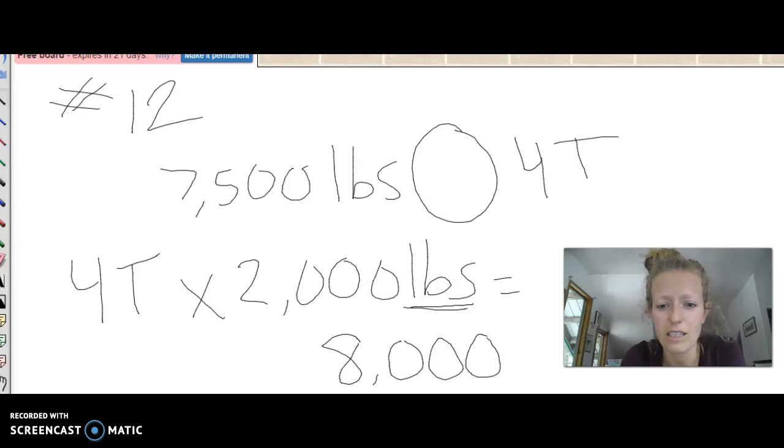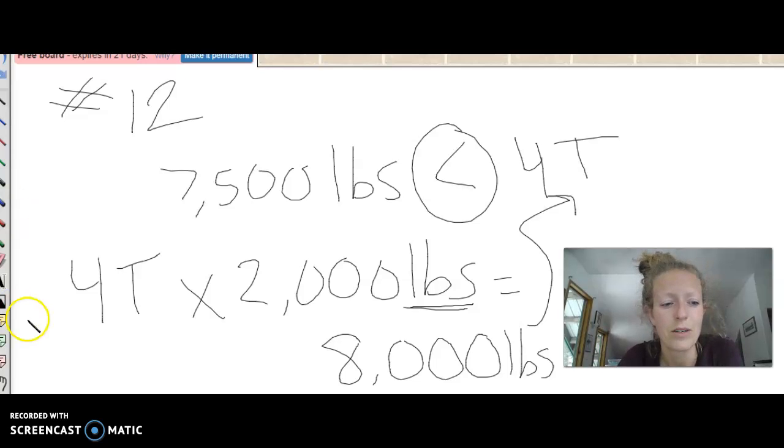That's really the point of all this. 8,000 pounds. So which is larger? 7,500 pounds or 4 tons? We know now that 4 tons is equal to 8,000 pounds, so 4 tons is greater. Good work. Let me know if you have any questions.